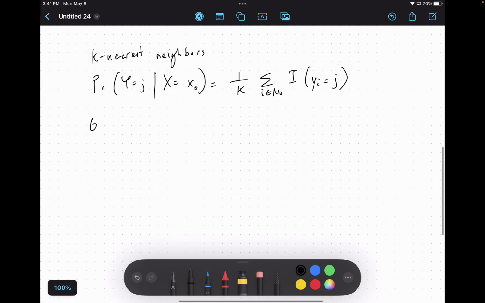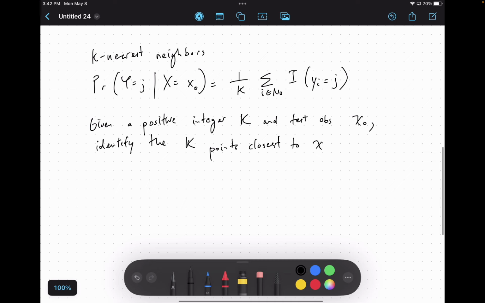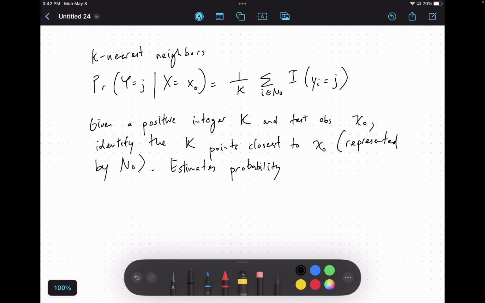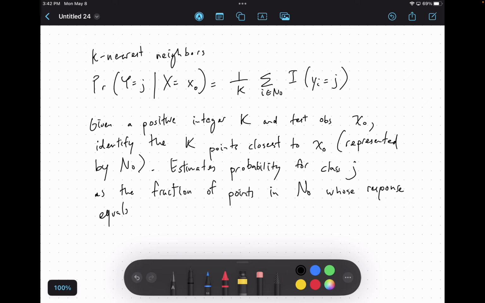Essentially what this is saying is, given a positive integer k and test observation x0, identify the k points closest to x0, represented by N0. Estimate the probability for class j as the fraction of points in N0 whose response equals j.